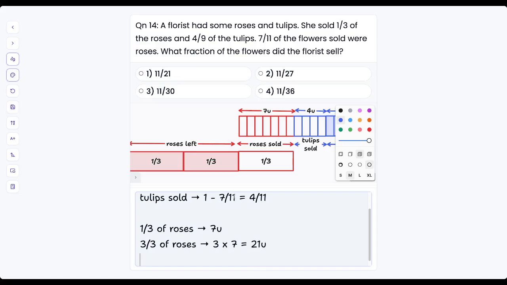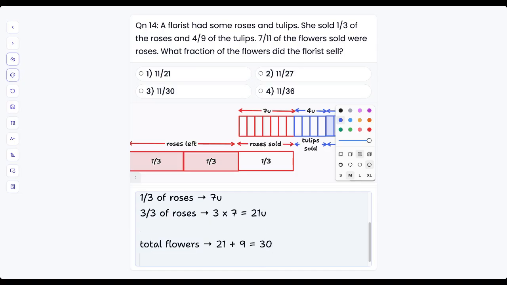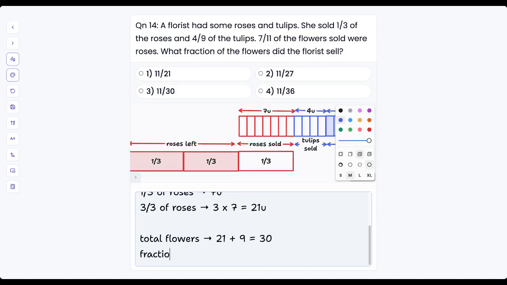So total flowers is equal to 21 plus 9, which is equal to 30. So the fraction of flowers sold is equal to 11 divided by 30. There you go. So that's the answer.